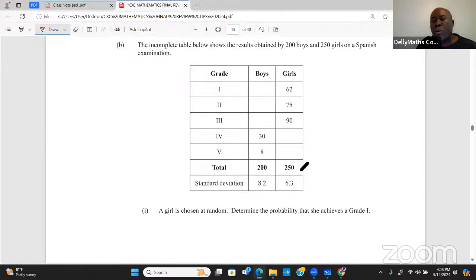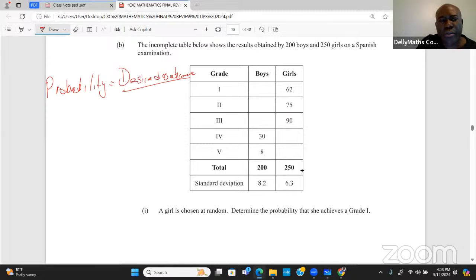Now, if you don't remember what probability is, our probability is our desired outcome over the total possibility.